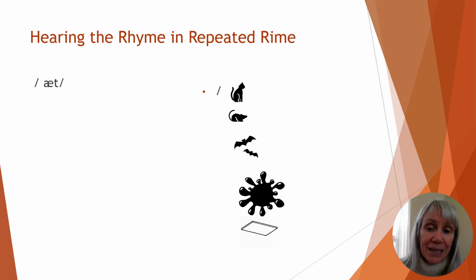And we're going to repeat that at. We're going to change the onset of each of these words, but we're keeping the at. So listen for that at in these words. So the ending, and that's all you see up there, is the rhyme, the vowel sound and the ending consonant sound. So let's begin with that first picture.